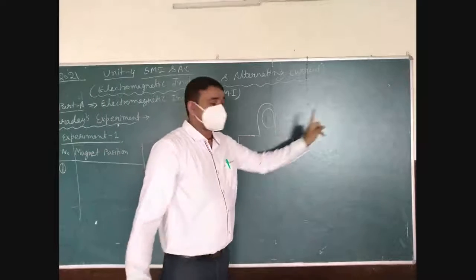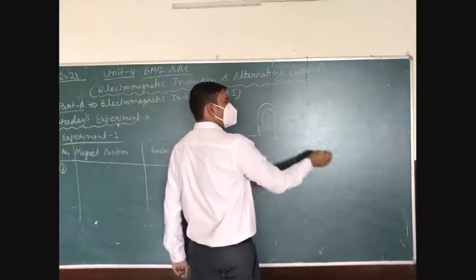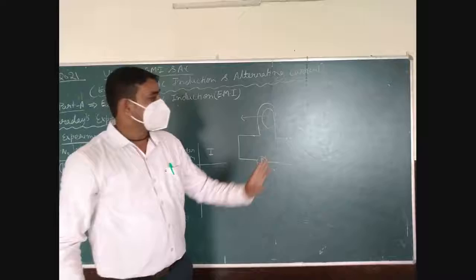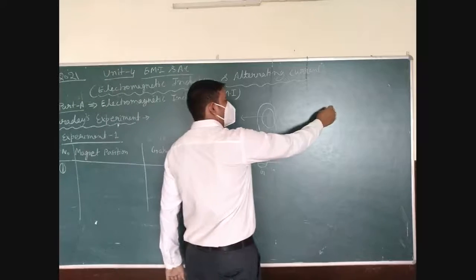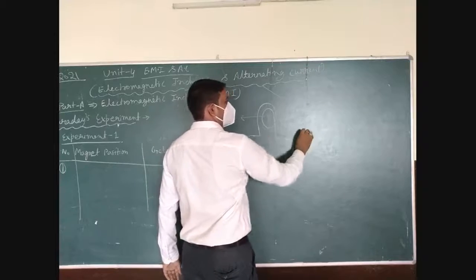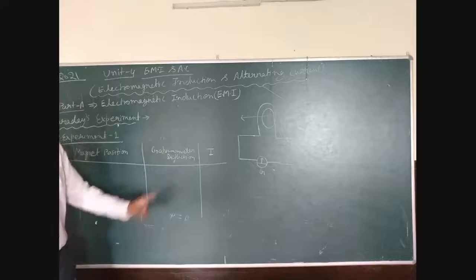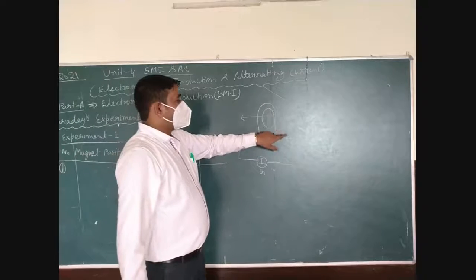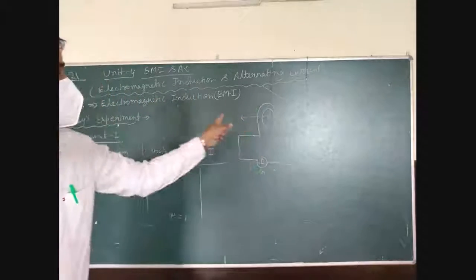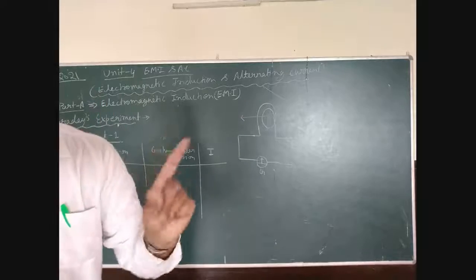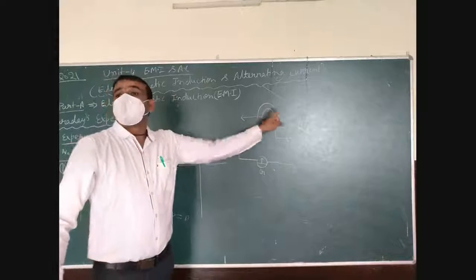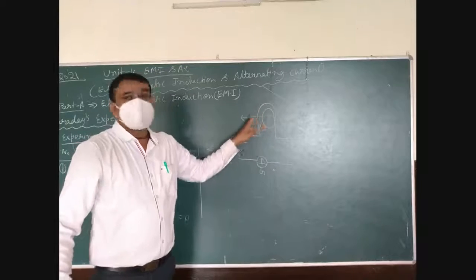Magnet at rest with the north pole facing the coil. Initially only one magnetic field line is in contact with the coil, and the other field lines are like that. So when the magnet is at rest, only one magnetic field line is connecting with the coil as time passes, which means there is no change in the number of field lines connected to the coil.